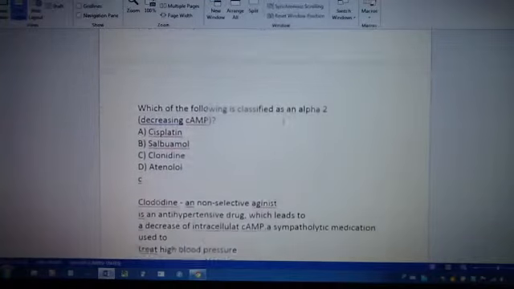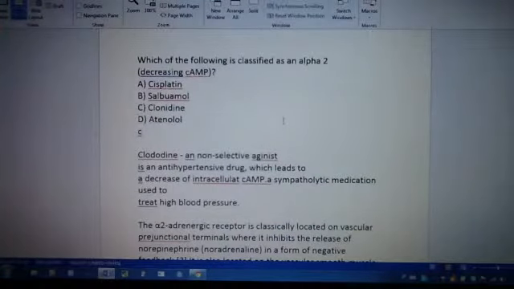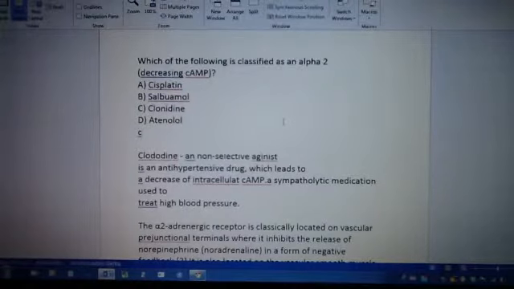Which of the following is classified as an alpha 2 agonist, decreasing cAMP? Is it A, cisplatin, B, salbutamol, I may not have spelled that right, C, clonidine, D, atenolol?